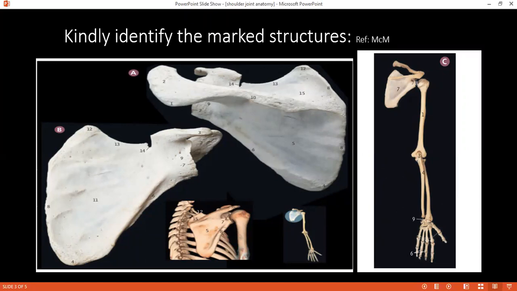Okay. Can you please tell me, posteriorly, which muscles would you be able to see on the posterior of the shoulder? Which form the bulk of the posterior of the shoulder?